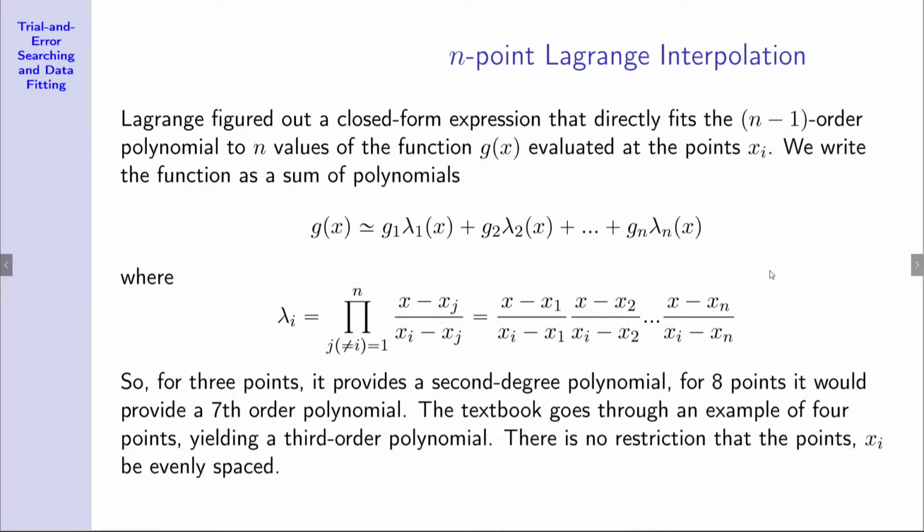Whereas with real data, your measurements happen to be wherever they happen to be, and those points might not be evenly spaced, so being able to do an interpolation that doesn't require this can be quite useful.